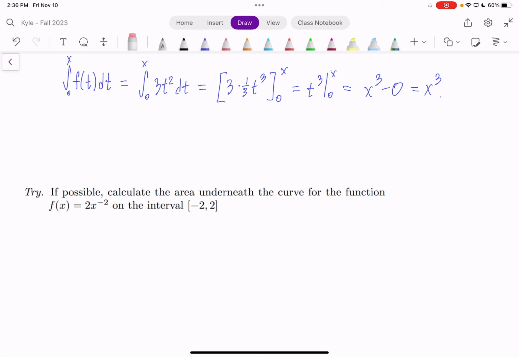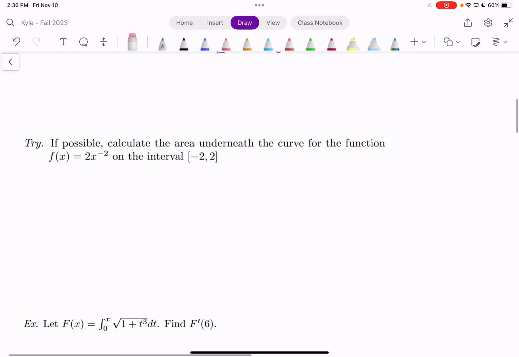So if our goal is to calculate the area under this curve, we'll take the integral from -2 up to 2 of f of x dx. That's going to give us the integral from -2 up to 2 of 2x to the -2 dx. Why don't we try our reverse power rule here? We'll add 1 to the power, so we'll get 2 times x to the negative 1, and we'll need to divide by the new power, so we'll divide by negative 1.